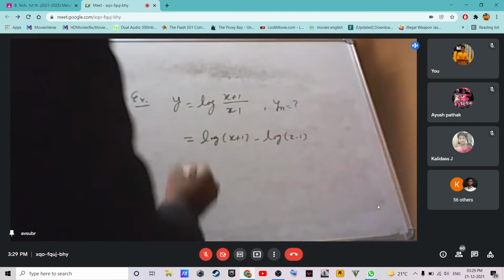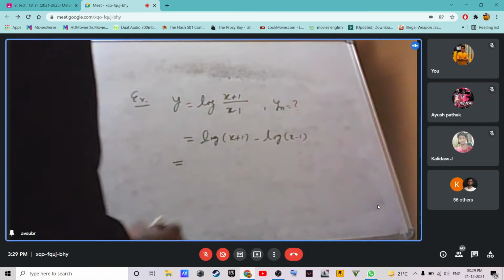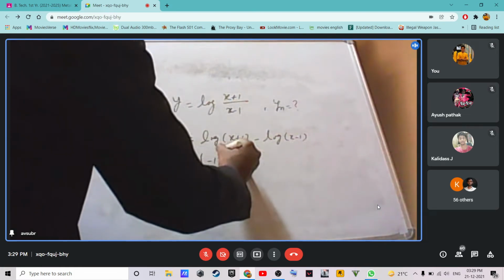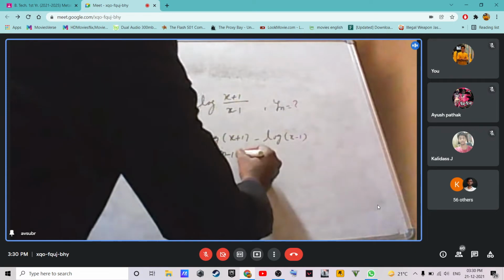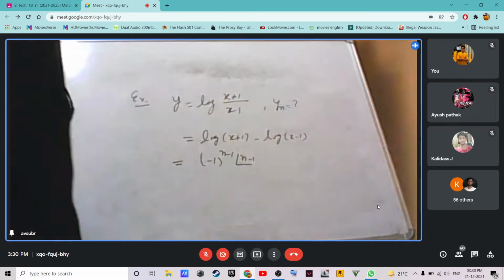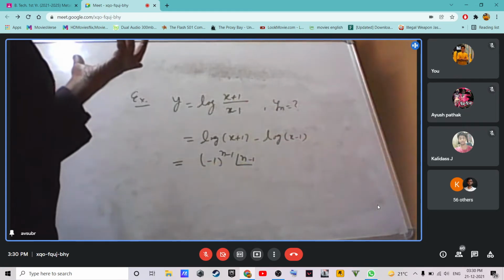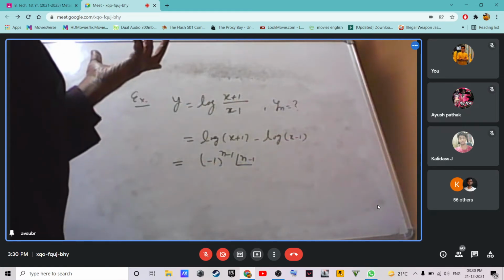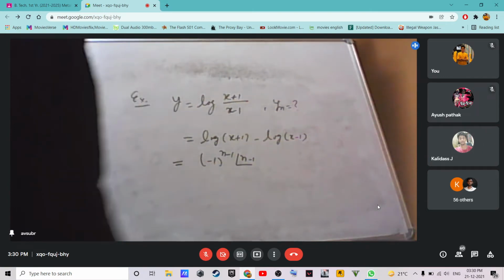Correct. And then nth derivative of this will be, just now we have seen, minus 1 to the power n minus 1 and factorial n minus 1, a to the power n, a is 1. So 1 to the power n is what? 1, correct.